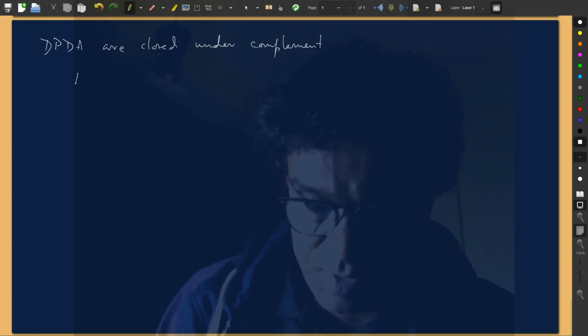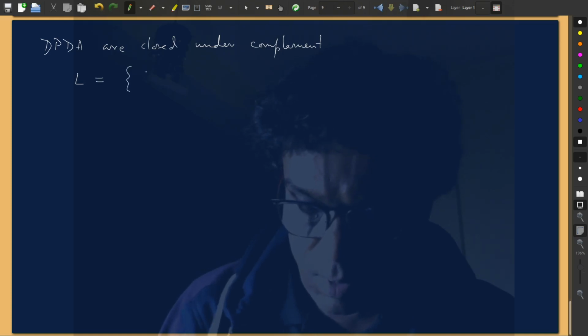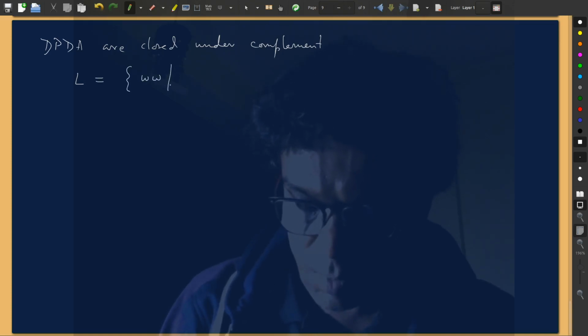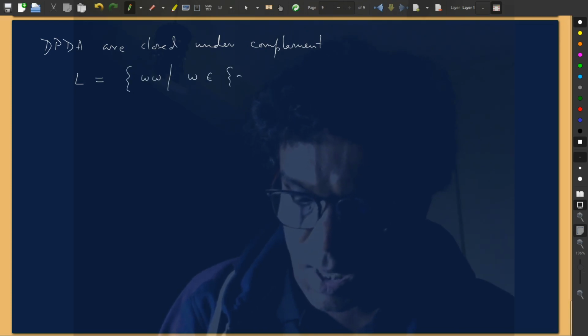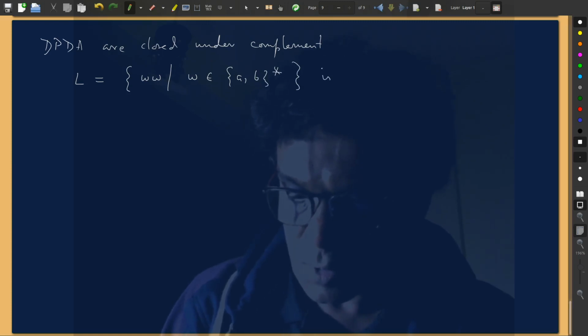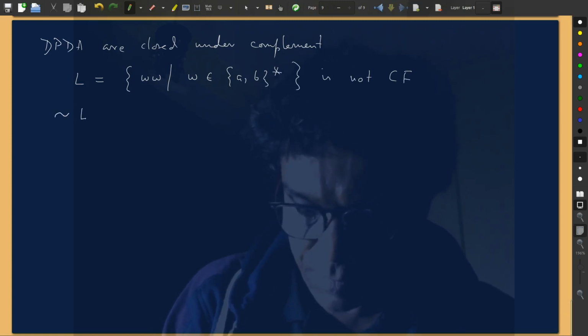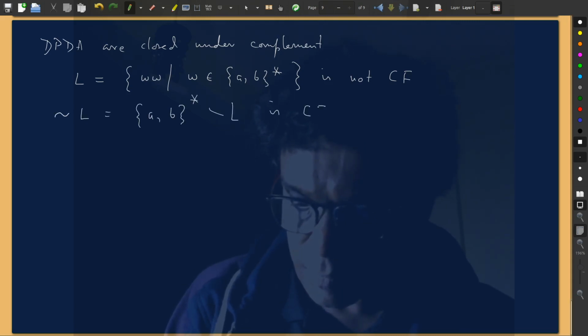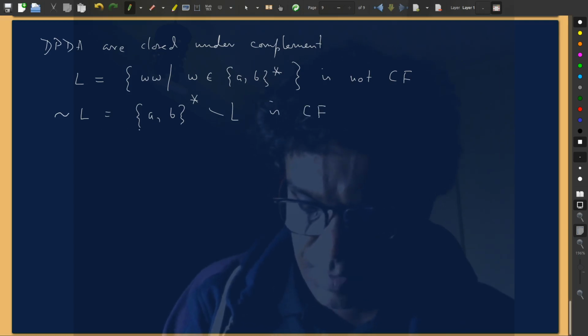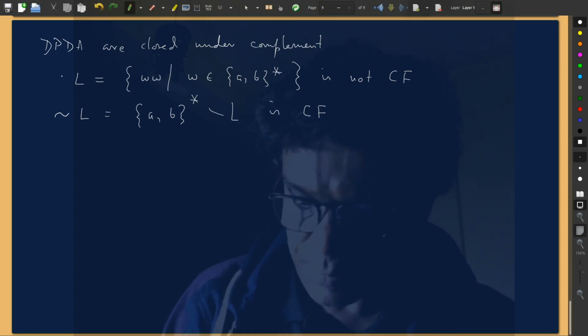So if we look at this language L, WW, where W is in {A, B} star, we know that this is not context free. However, we have proved that the complement of L, that is {A, B} star minus L, is context free. Okay. But if this is deterministic context free, the complement of L, which is this, will also be deterministic context free, right?